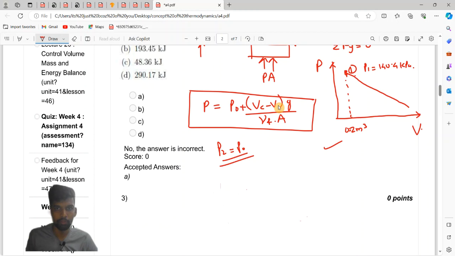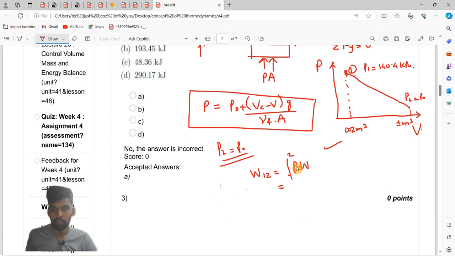That's why V will be equal to Vc, this term will vanish, and P2 will be equal to P naught. So the pressure at state 2 is nothing but P naught, and the volume at state 2 is simply 1 meter cube, the volume of the cylinder. So the integral of P dV is nothing but the work done in moving from state 1 to 2.